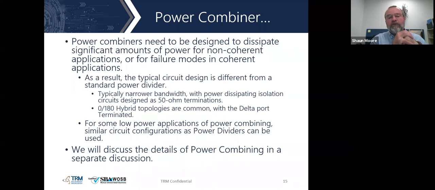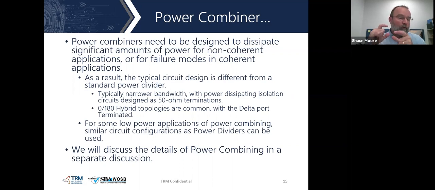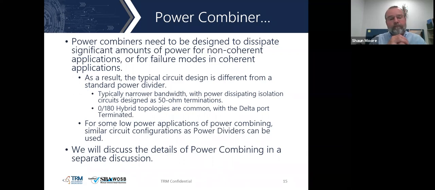And like I said, there are some very broadband structures that we can build as a power divider. Those resistor networks tend to be in what we call a differential mode. And if they're in a differential mode, then there is not a good thermal path to ground. Whereas if we're in a single-ended mode, we can get a much better thermal path to ground. So power combiners we like to design with a single-ended approach for the termination as opposed to a differential mode for the termination. And that really limits our bandwidth. But again, that's a topic for another day.